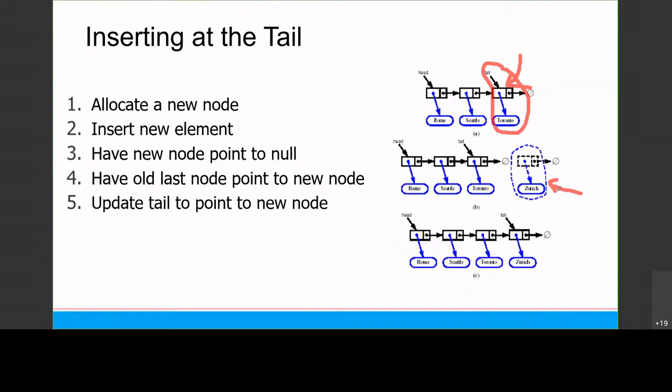After I go to Toronto, I would like to visit Zurich. Then I will add this node here. And after I connect this node Zurich with Toronto, I need to update the tail. I need to update this pointer.